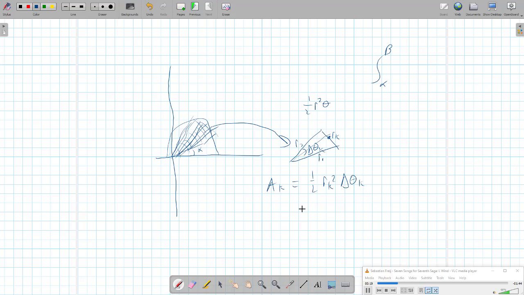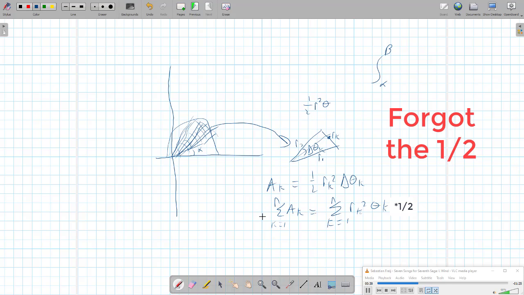Then you sum them all up. The sum of A sub k, k equals 1 up to n, is the sum, k equals 1 up to n, of 1/2 r sub k squared delta theta sub k. And just like before, you turn this into a Riemann sum with the limit as n goes to infinity.